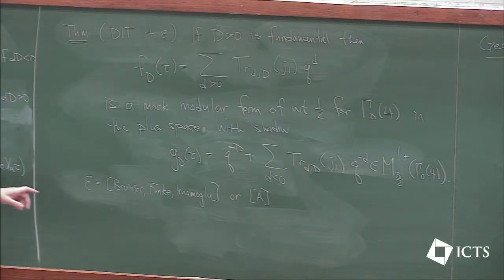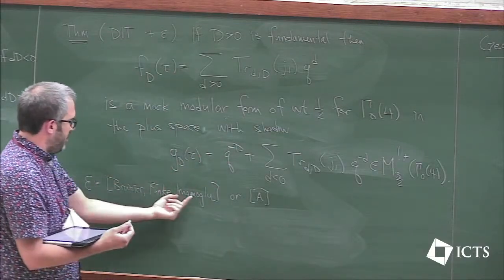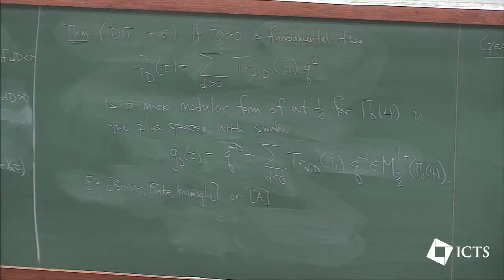All that my paper does is the square cases of this theorem, and this paper of Bruinier, Funke, and Imamoglu is very general and handles a lot of other things. So that's a great paper if you'd like to read it.